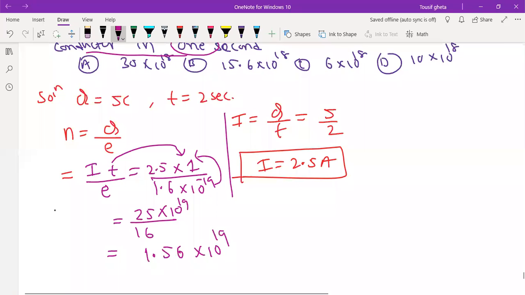Option C is 30, here 15 is A. So this is what we can think. Here 15.6, but the power is 18. So I can write this here and reduce one power. This can be written as 15.6 into 10 raised to 18. So this is the correct answer.